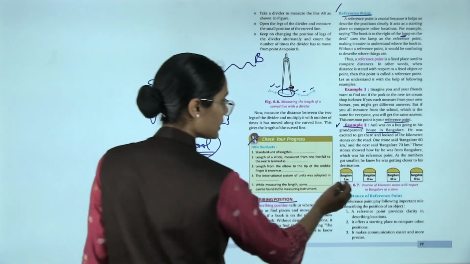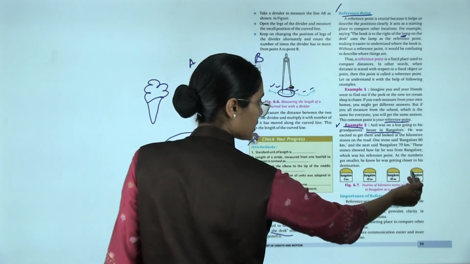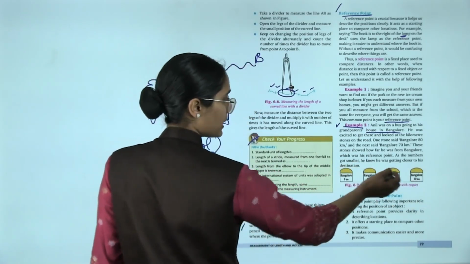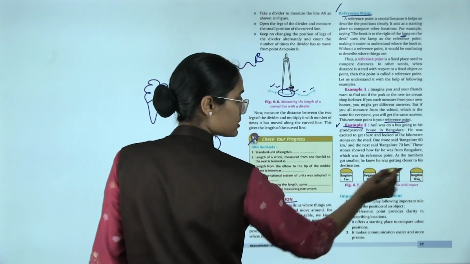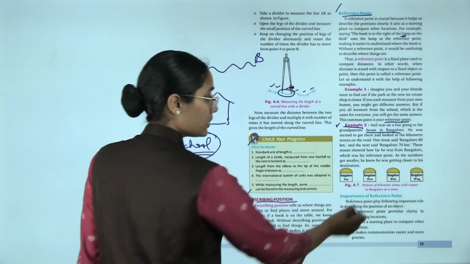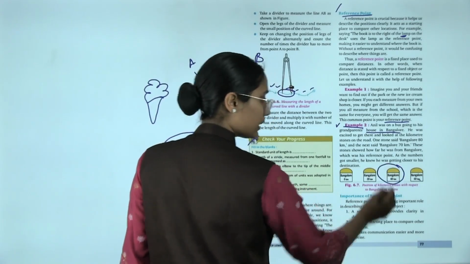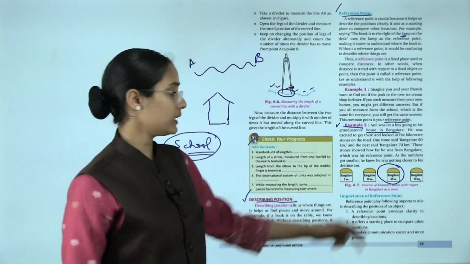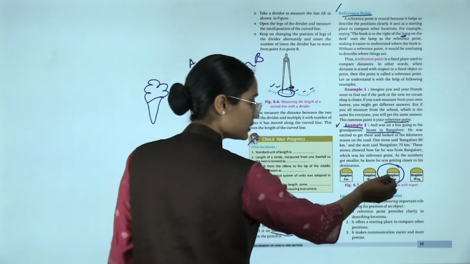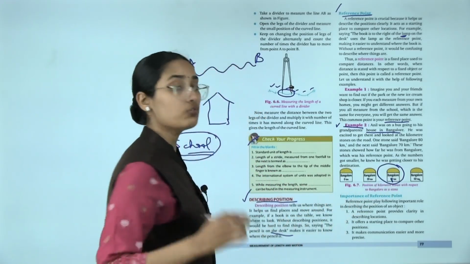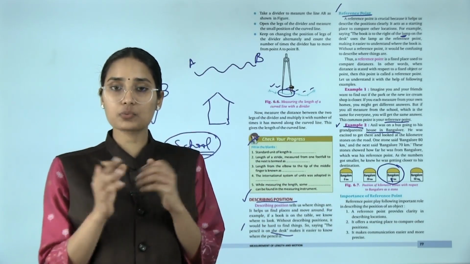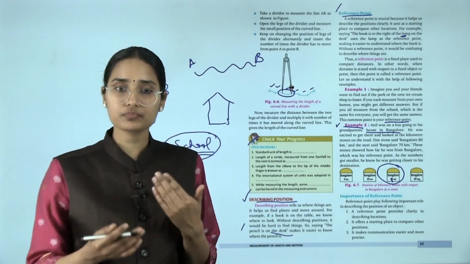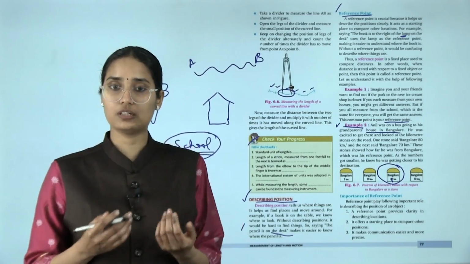For example, Bangalore 60 kilometers means that from this point, Bangalore is 60 kilometers away. Bangalore 40 kilometers indicates that from this point Bangalore is now 40 kilometers away. So basically the reference point describes the position.